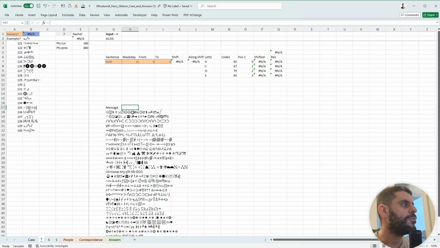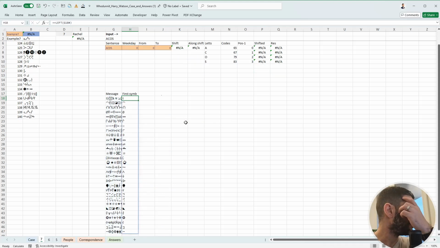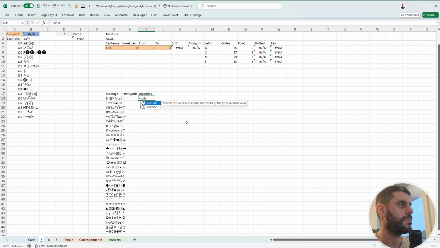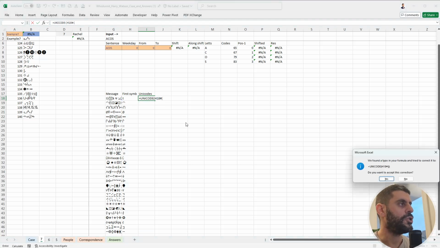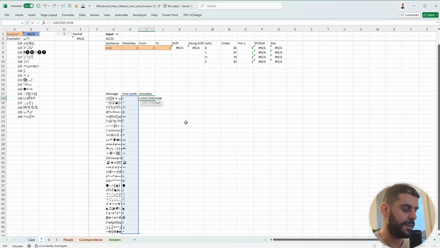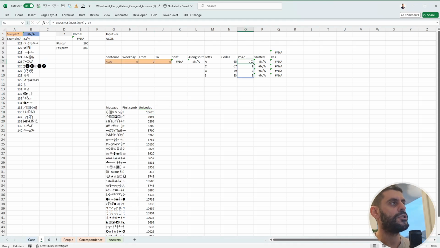options. So what I could do is first symbol, take the left of this. Okay. This first symbol has a corresponding Unicode, which is this. And the key idea here is that the first letter does not shift because it has an index of 0, so you only apply the ordinary shift, which is a huge help in this case.